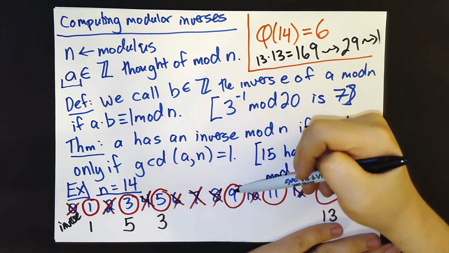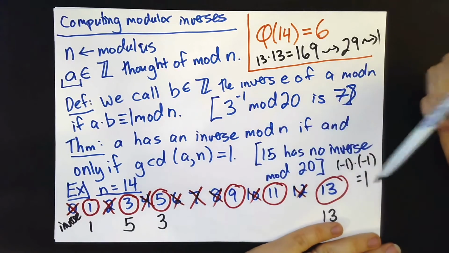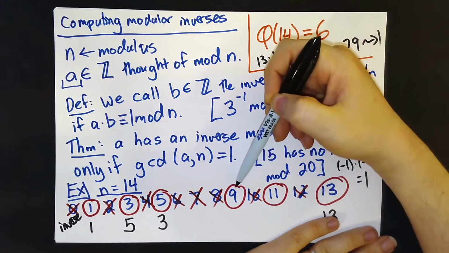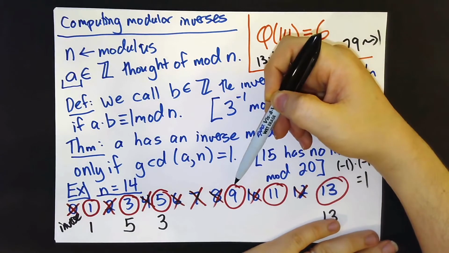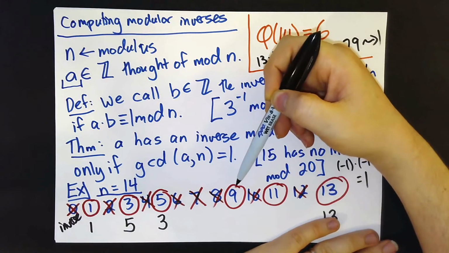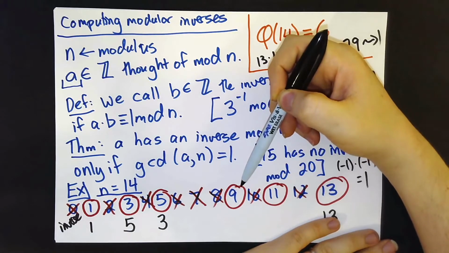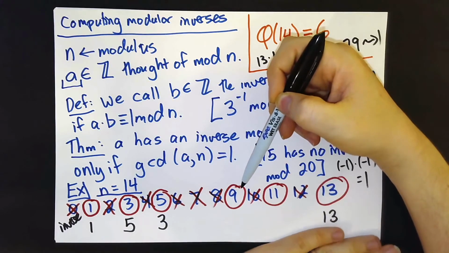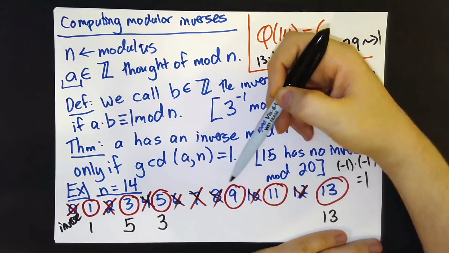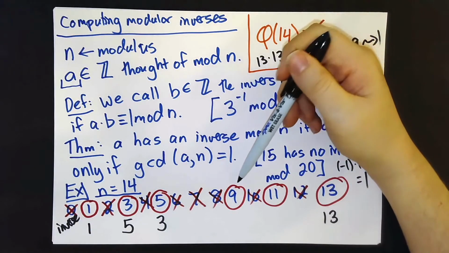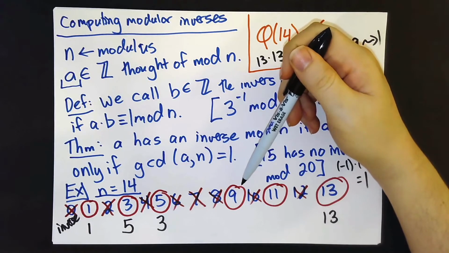You could also say, well, 9 is minus 5 mod 14. And so 9 times 9 is the same thing as minus 5 times minus 5, which is the same thing as 5 times 5, which is 25, which is 11 mod 14. And that involves doing multiplication and math in your head with smaller numbers. But whichever of those you like, the point is 9 times 9 is not 1 mod 14.